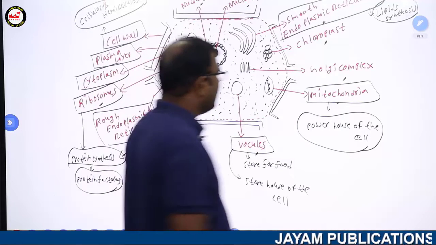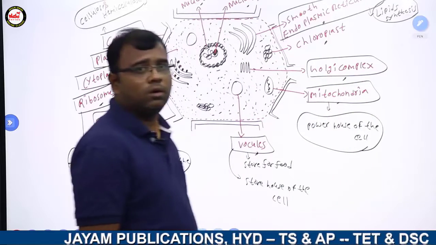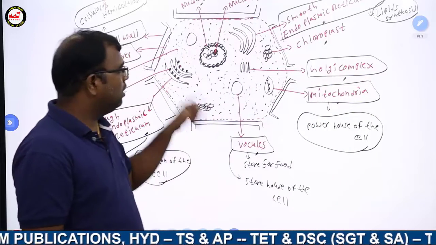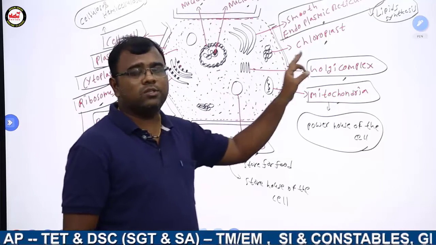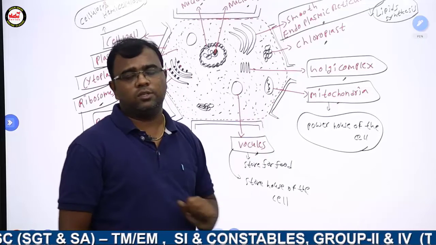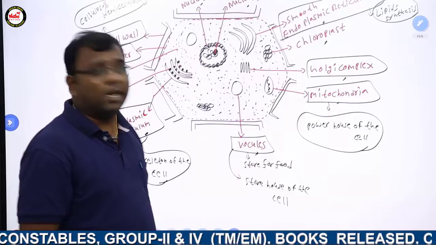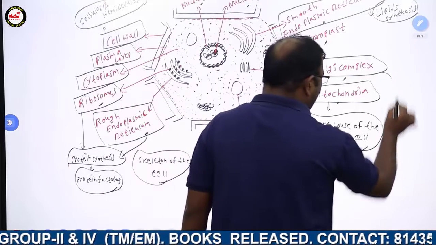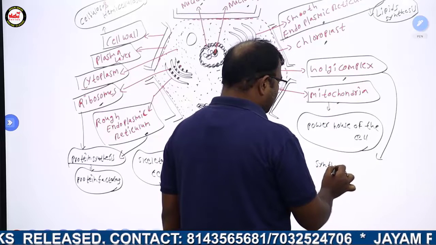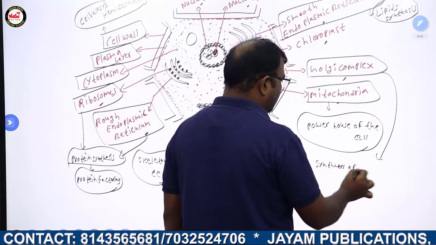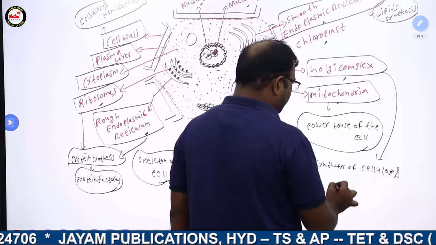And the next part goes to the Golgi complex. The Golgi complex was discovered by the scientist Camillo Golgi. The function of the Golgi complex is the synthesis of cellulose and hemicellulose.